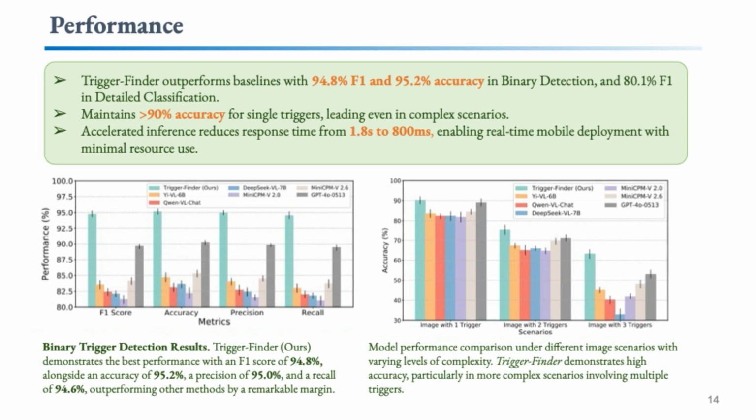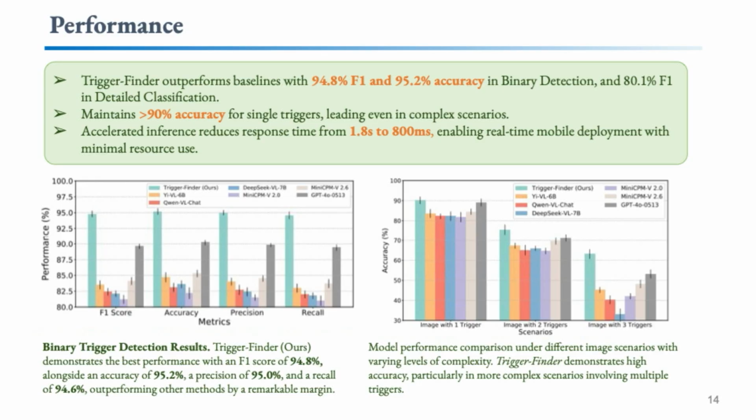And in the multi-trigger identification task, which is to identify if a specific trigger appears in the image, we also maintain above 90% accuracy, and maintain good performance even when the number of triggers in the image increases as the complexity of the task increases. So we outperform state-of-the-art baseline models, including other multimodal LLMs.